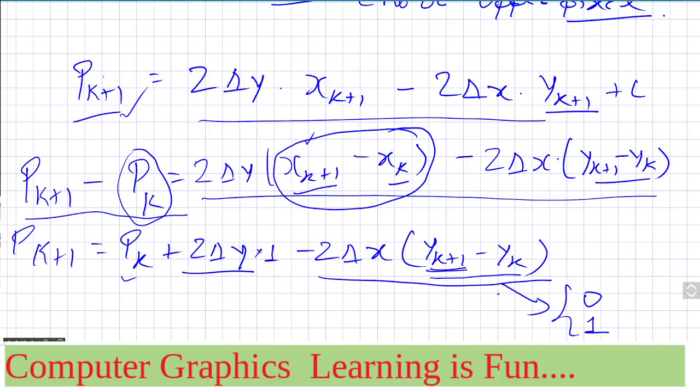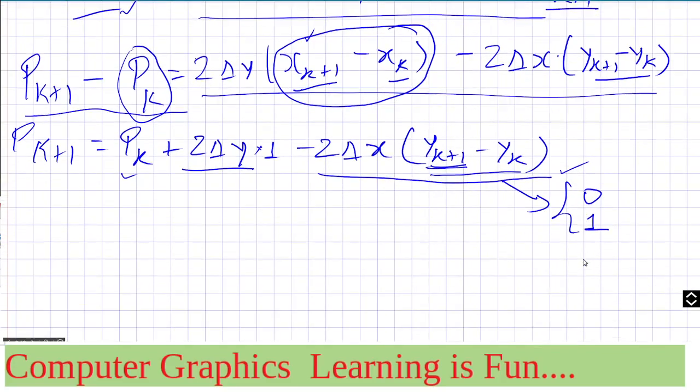You understand that it will also depend on the sign of pk. If it was negative, in that case it was 0. If it was positive, it was 1.